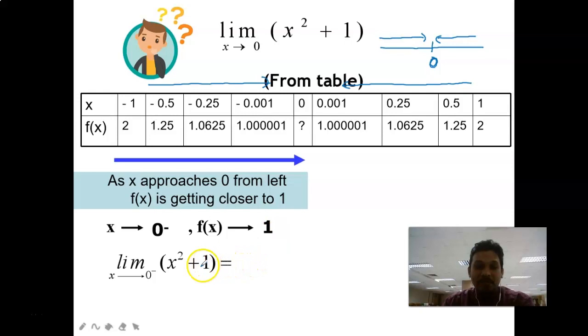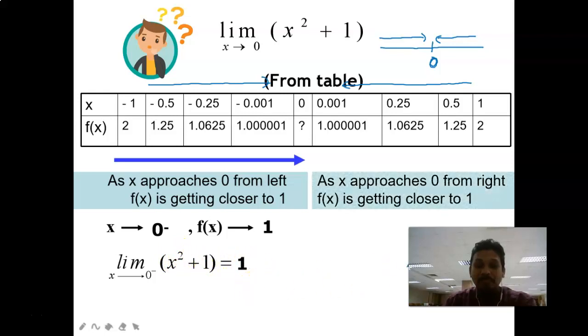Okay, we didn't say that the value of x is exactly 0, but when the value of x is too close to 0, we just assume that x equals 0 here. It's not exactly x equal to 0. So just substitute x equals 0: 0 squared equals 0, plus 1 equals 1.